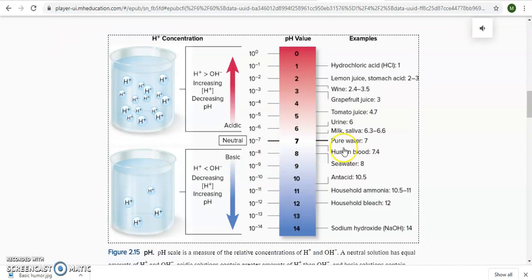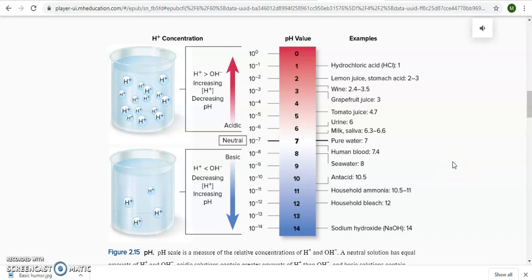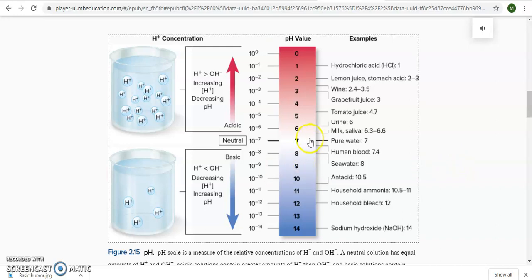Whenever we do that, like I said, we get more hydrogen ions than hydroxide ions when we add some sort of acid like hydrochloric acid to pure water. The pH is measuring the hydrogen ion concentration, and it's inversely related.